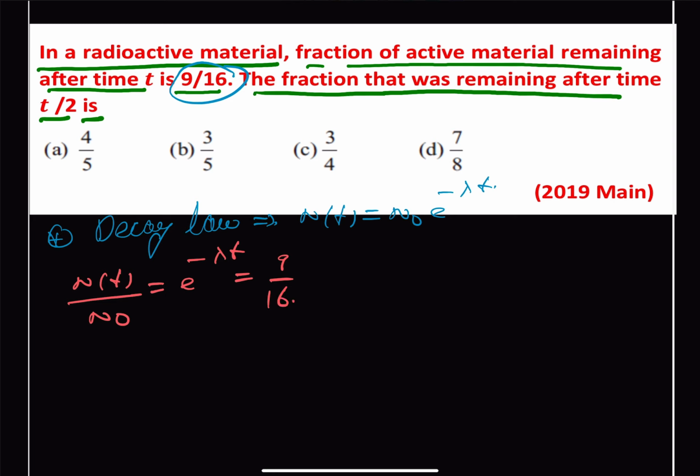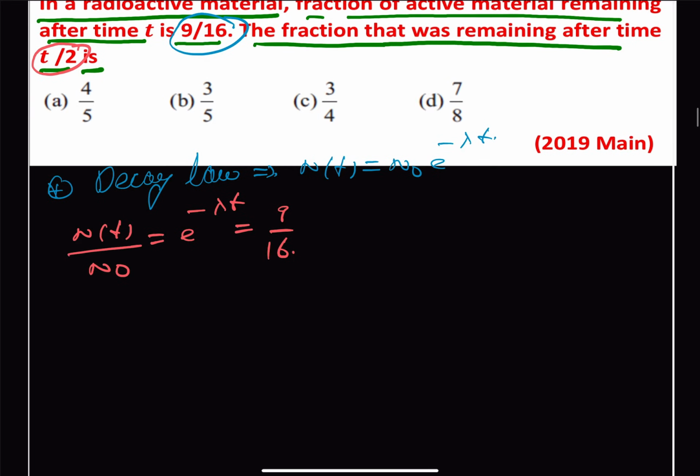And we have to find out the amount remaining after time t by 2. So let me write it separately: e raised to power minus lambda t is equal to 9 upon 16.